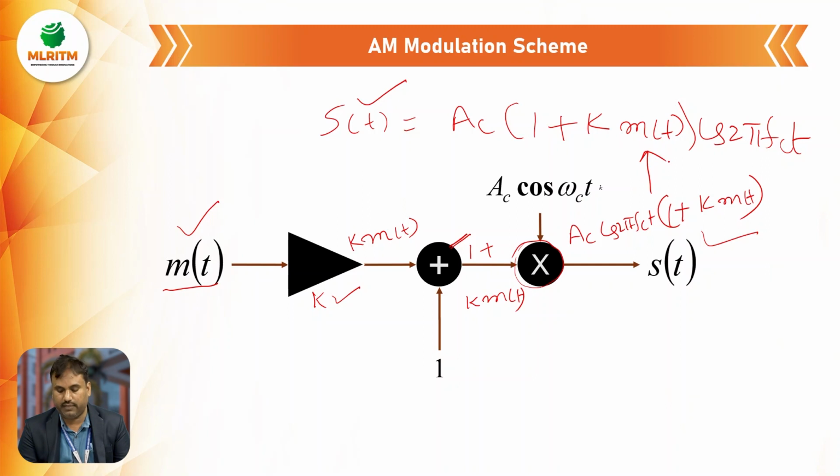So this diagram is showing how we are converting m of t to s of t. This is the AM signal. Now, how do we derive this signal expression?